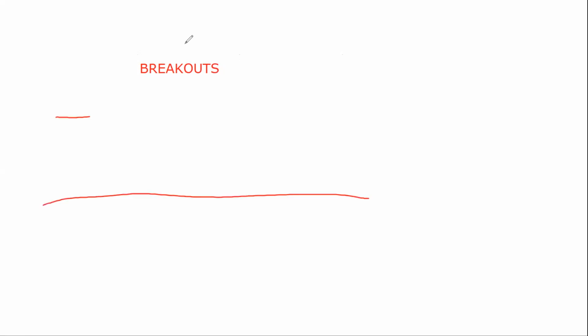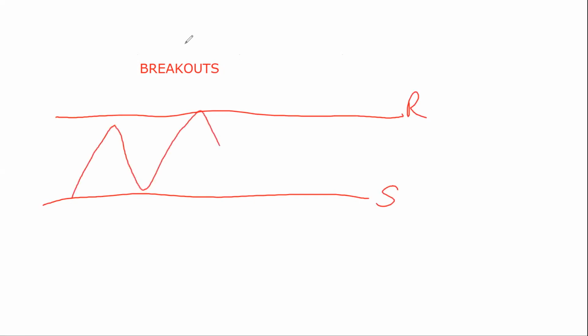So breakouts, okay? So again, with our support and resistance, imagine let's draw out some support and resistance areas. So this is a resistance, this is a support, right? And we see price has done this.